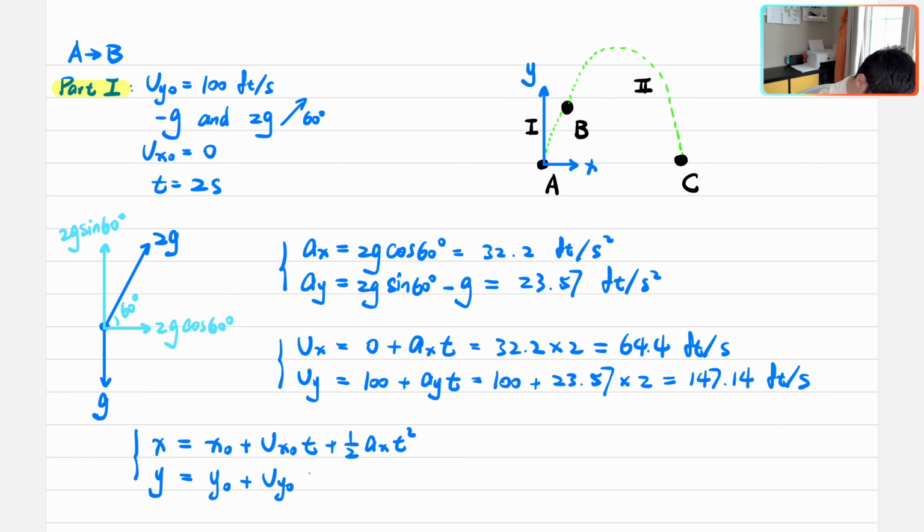Vy naught t plus 1/2 ay t squared. Okay. I'll put all the numbers here so you know what's going on. First of all, we start from the origin. 0, 0, 0. Okay. We start from the origin and we don't have any horizontal velocity in the x direction.